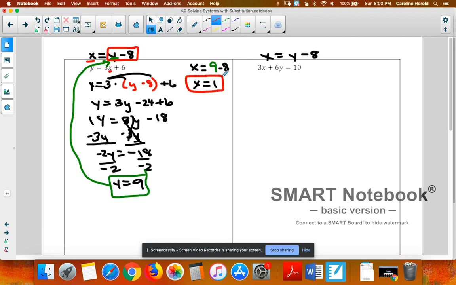X is 1, y is 9. So my solution to this system is 1, 9. That is where these two lines will intersect. And I feel like that's a really bad job. Let me rewrite that. 1, comma 9. All right, you go ahead and press pause, and I want you to try the next system.